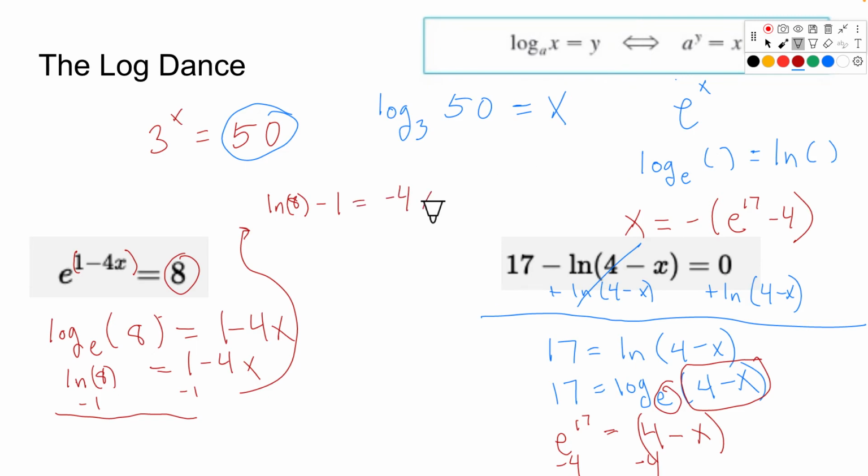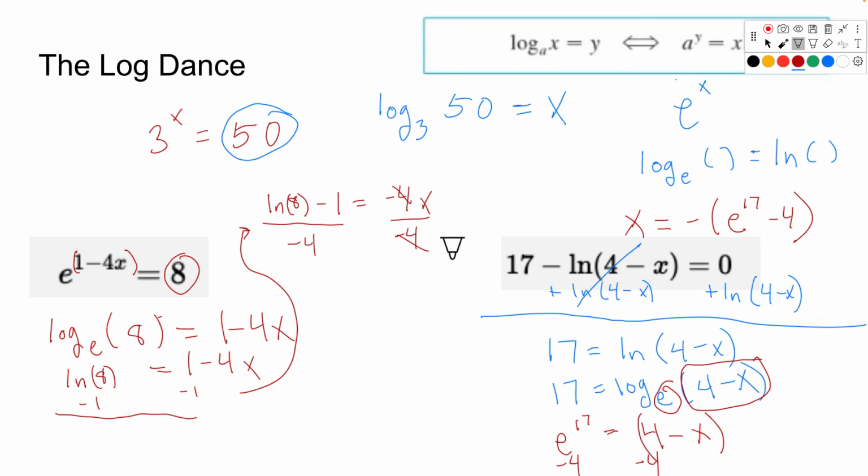Equals -4x. Divide both sides by -4. And again, there's our answer. If you want, you can move the negative to the top and switch the order, or you could just leave it. I'm of the mind to just leave it as it is.